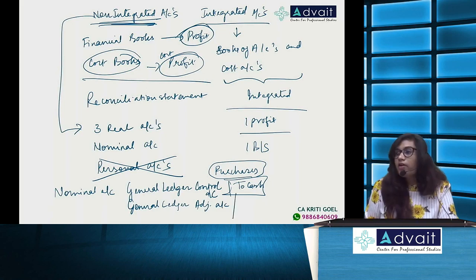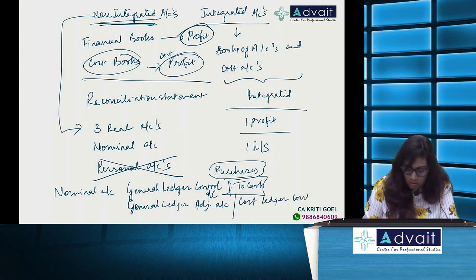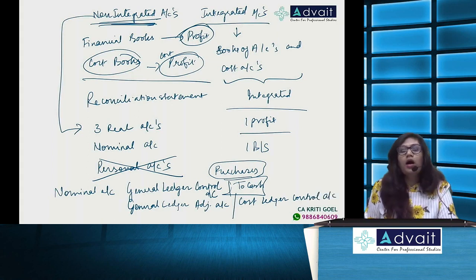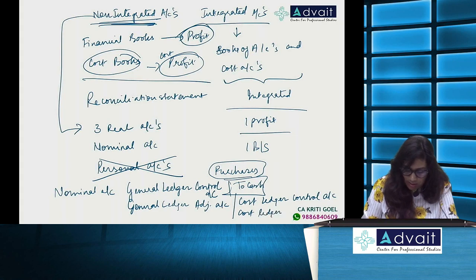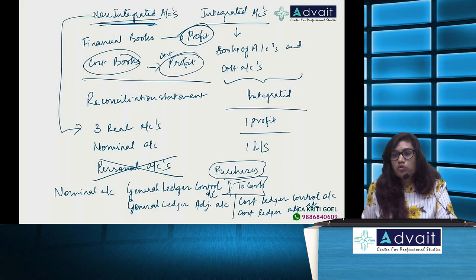It could also have another name, Cost Ledger Control Account or Cost Ledger Adjustment Account. So it's basically a nominal account, like a suspense account, which I open to complete all my journal entries.